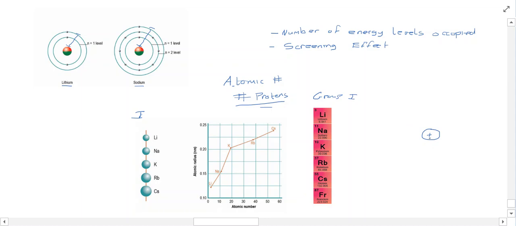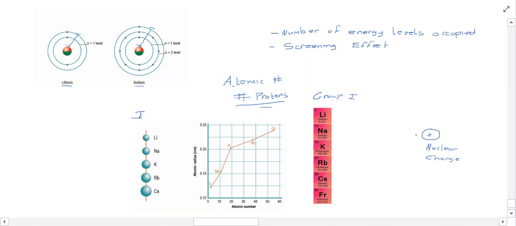This positive charge from the nucleus has an effect, or a pull if you like, on the negatively charged electrons. We call this nuclear charge.